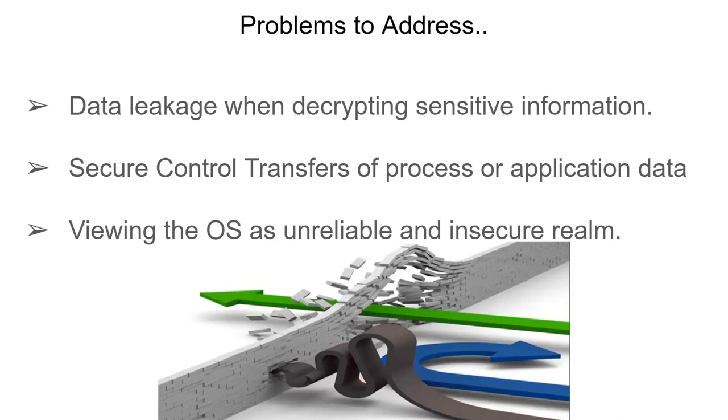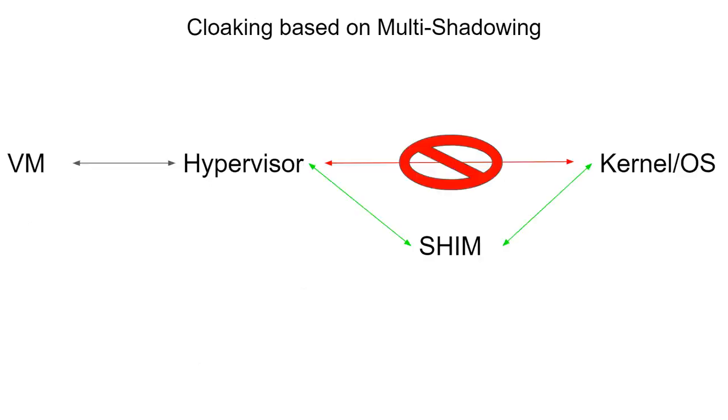So how do these strategies work? They approach this using a concept called multi-shadowing, along with what they call cloaking. So with this diagram here, the entire system uses this premise of cloaking based on multi-shadow. Overshadow can perform these secure control transfers to and from the OS, as well as decrypt the data without leakage by introducing this concept called shim.